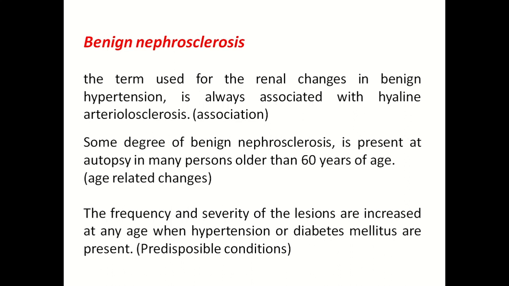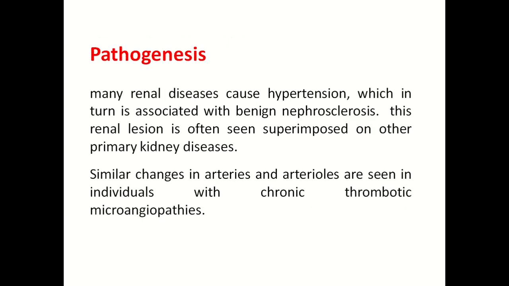The frequency and severity of the lesions increase at any age when hypertension or diabetes mellitus are present. So these 2 conditions are predisposing conditions, and patients of hypertension and diabetes are more prone to benign nephrosclerosis, apart from the age-related changes. If we talk about the pathogenesis of benign nephrosclerosis, many renal diseases cause hypertension, which in turn is associated with benign nephrosclerosis.